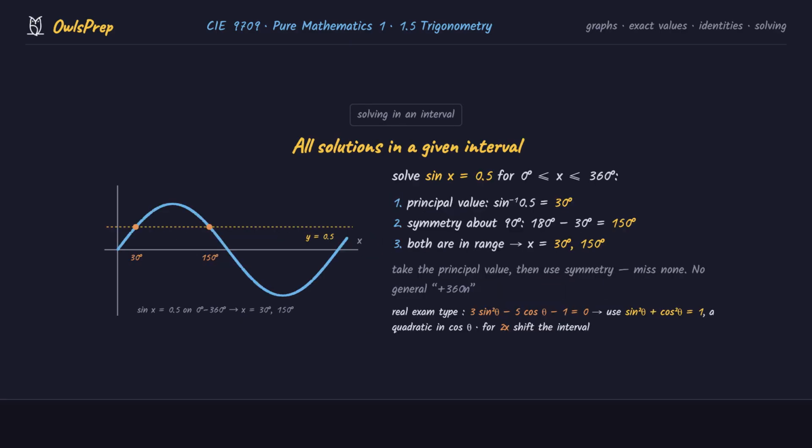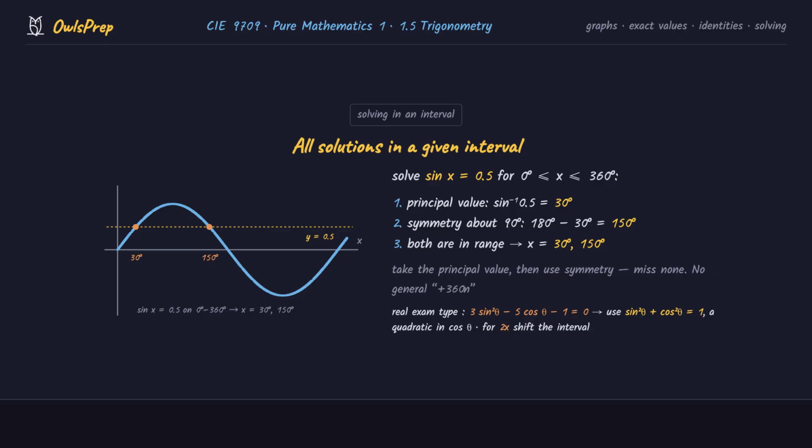Finally, solving a trig equation in a given interval. Take sine x equals 0.5 for x between 0 and 360 degrees. Step 1. The calculator gives the principal value, inverse sine of 0.5, which is 30 degrees. But look at the graph. The line y equals 0.5 cuts the sine curve twice in this interval, so there's a second solution.